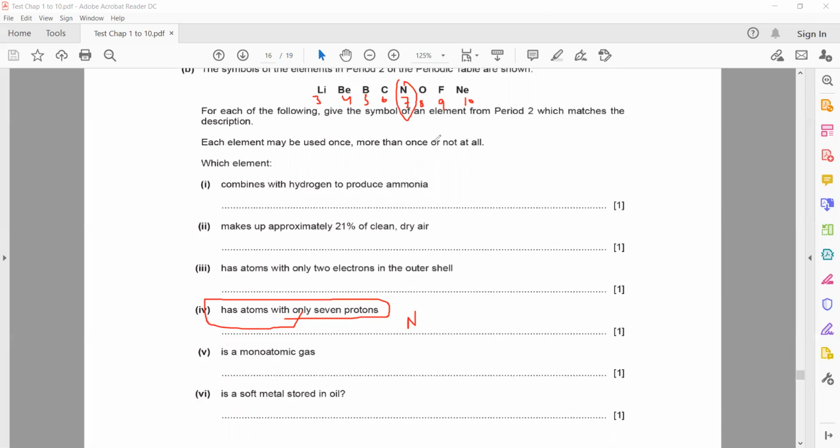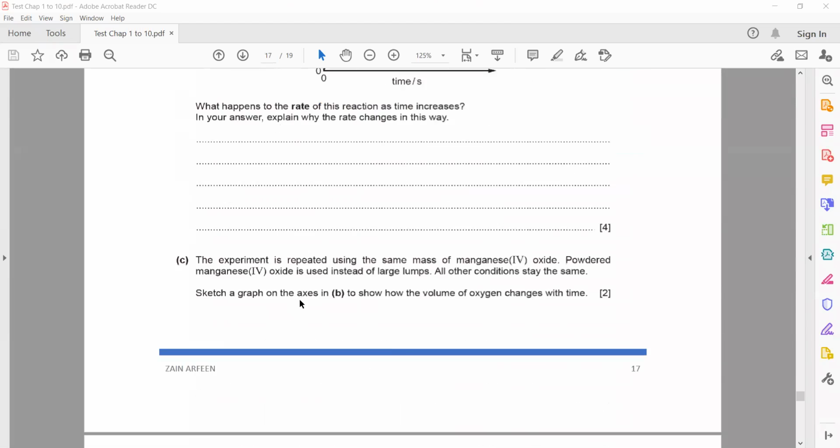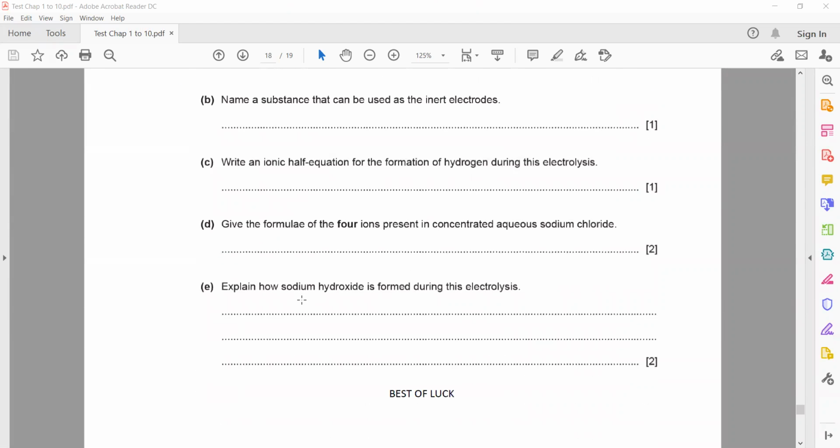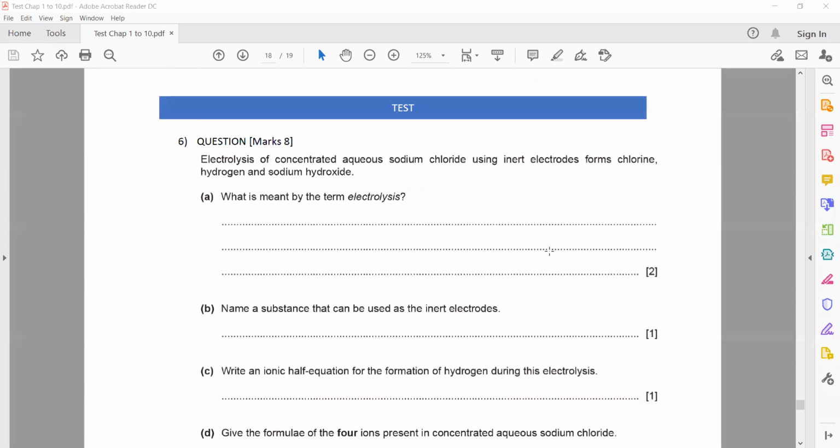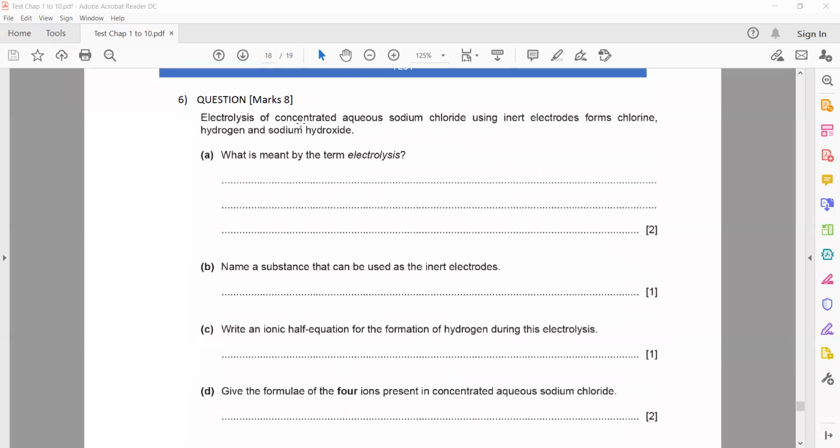6E. Explain how sodium hydroxide is formed during this electrolysis. Because you are doing electrolysis of concentrated sodium chloride, so what happens?